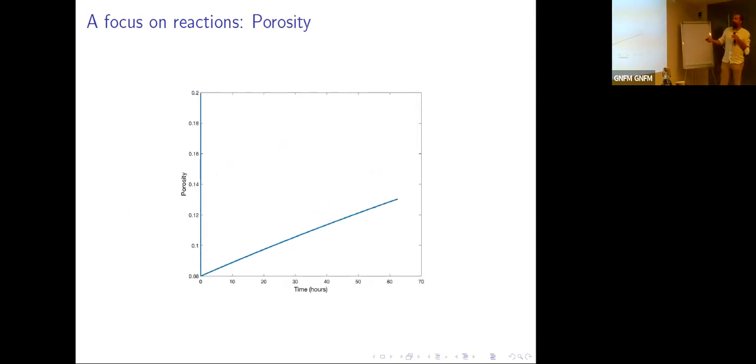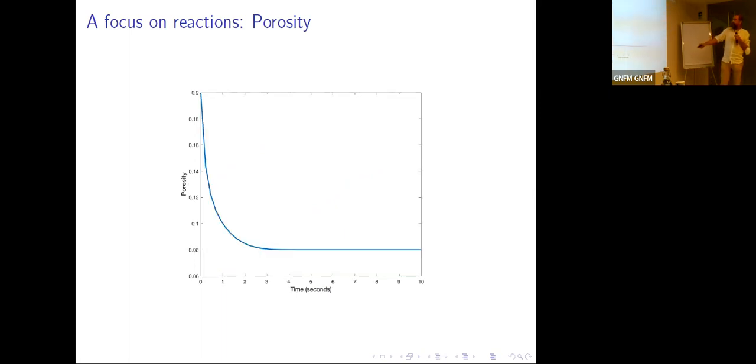Now, just have a look at porosity. Again, we can see the same dynamic. It decreases very fast at the beginning, and then it increases very slowly. And this is assumed in the first instants of the simulation.